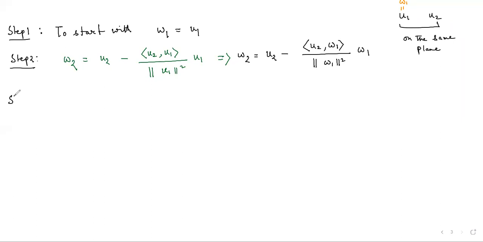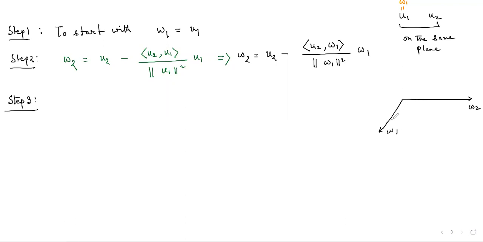Now let's come to the three-dimensional plane. In three-dimensional space, if I try to draw the diagram, this is my w2, and this is my w1 vector, orthogonal to that.